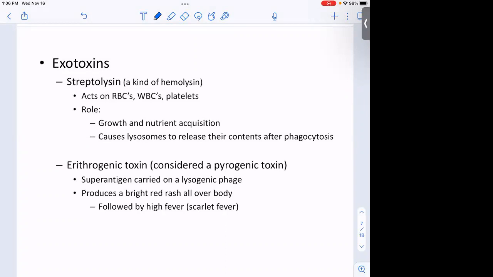A little bit more in depth about streptolysins. They not only act on the red blood cells in blood agar, for instance, to lyse them, they actually form pores in those red blood cells so that they lyse. It can also act on white blood cells and platelets, the other formed elements in the blood.